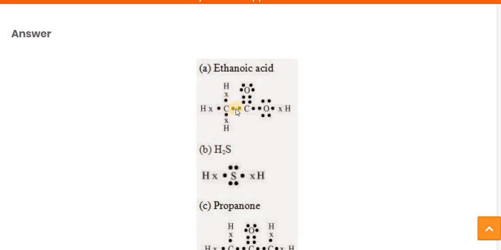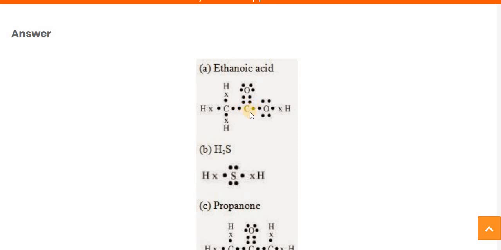Here you can see it is denoted by the dot structure. And from these 4 electrons, 3 electrons are shared with the hydrogen atoms. Same like the 3 hydrogens share their 1 electron each with the carbon atom. And this 1 electron is shared with the other carbon atom. Same, this other carbon also shares its 1 electron.